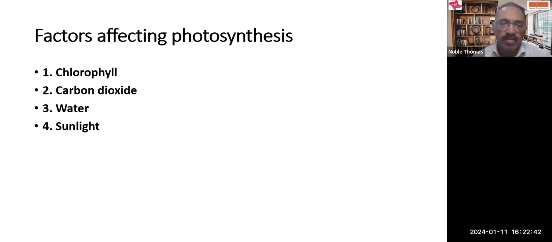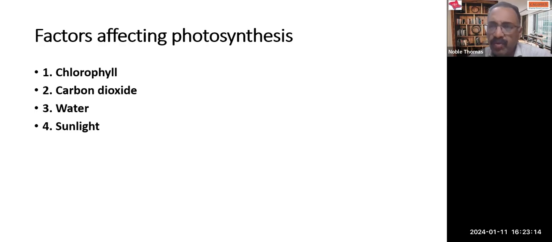The next portion in the textbook talks about the factors affecting photosynthesis. That majorly includes four major factors: chlorophyll, carbon dioxide, water, and sunlight. And there are some activities related to that. Earlier, we used to do it in the lab, and some practical-based questions were there in the annual theory question paper.